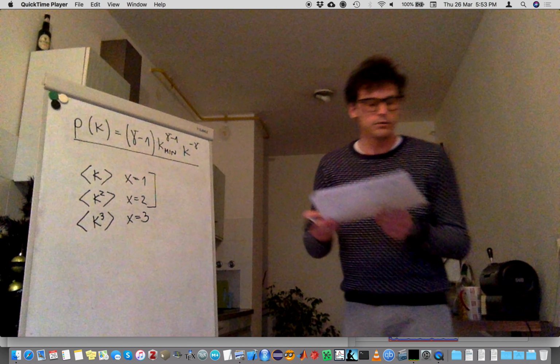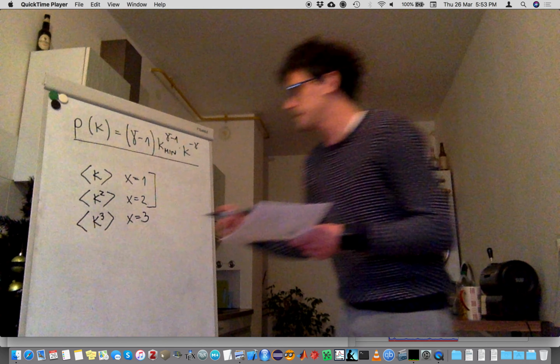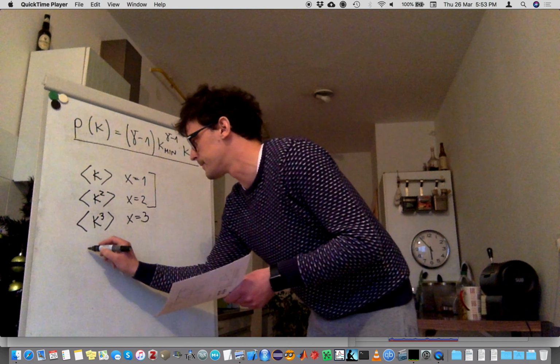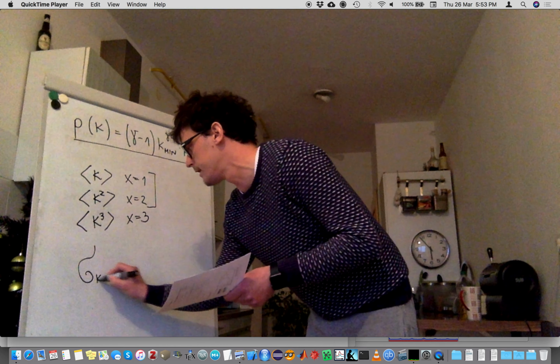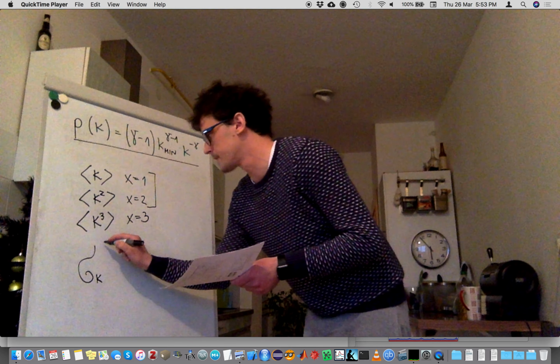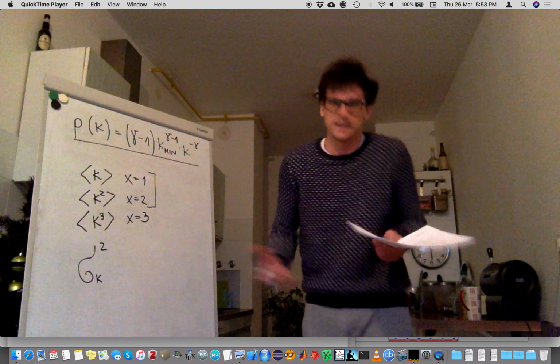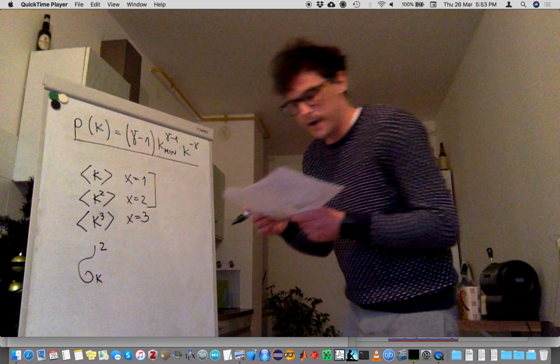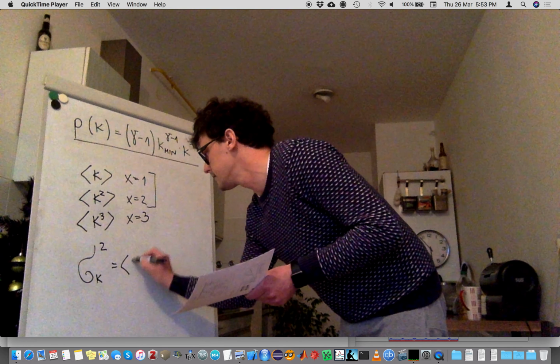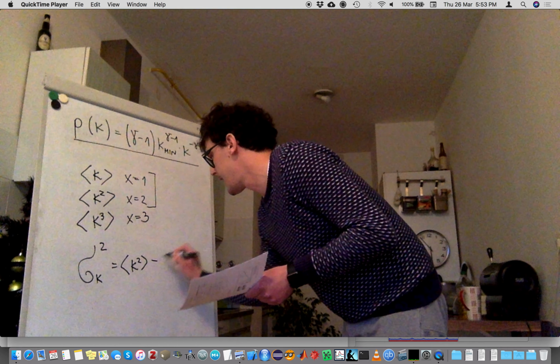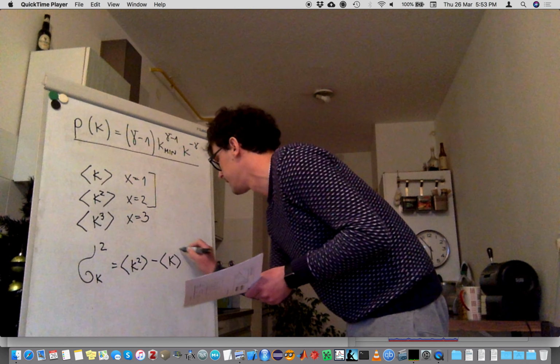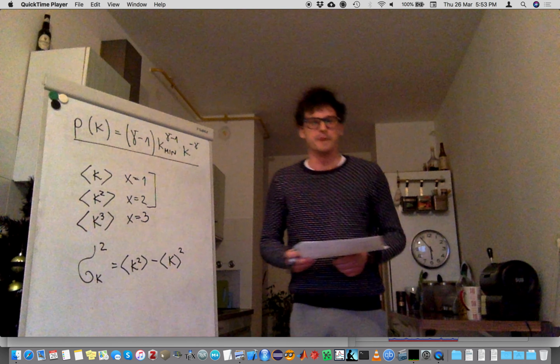And why is this so? According to the standard formula, the standard deviation of k to the power of 2, which is basically the variance, will equal the second moment minus the square of the first moment.